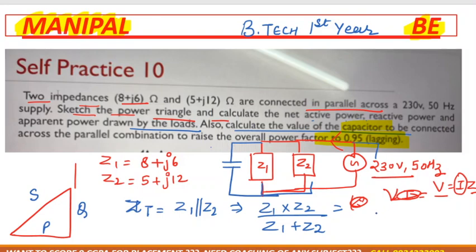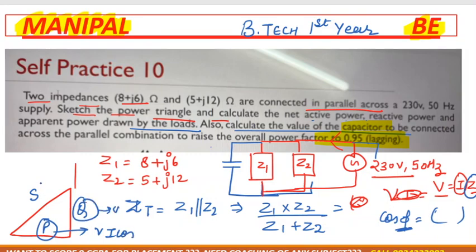And after getting current, you can get the cos phi. Cos phi is the angle of impedance basically. Then after getting cos phi, you will get P is equal to VI cos phi, Q is equal to VI sin phi, then S, right?